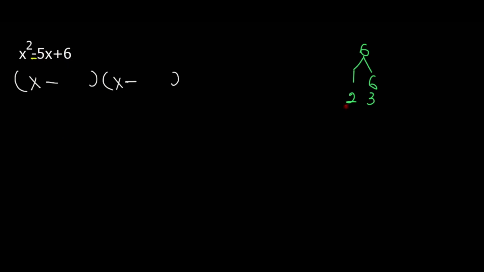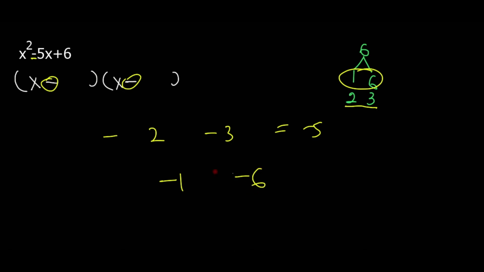It is 2 and 3, because 2 times 3 is positive 6. And because both signs are negative, minus 2 minus 3 gives minus 5. If we take 1 and 6, with both signs negative, negative 1 and negative 6 gives negative 7. So we get 2 and 3.